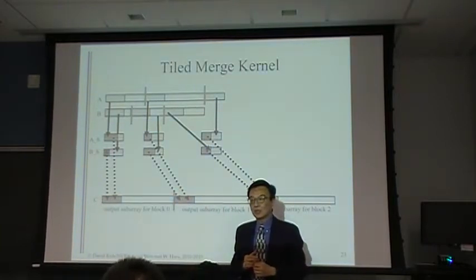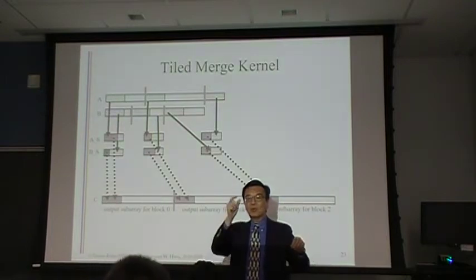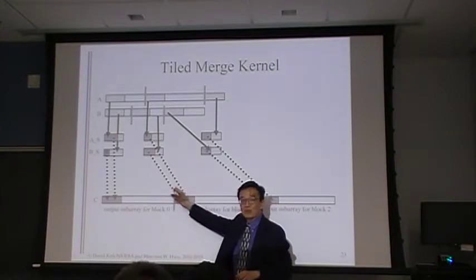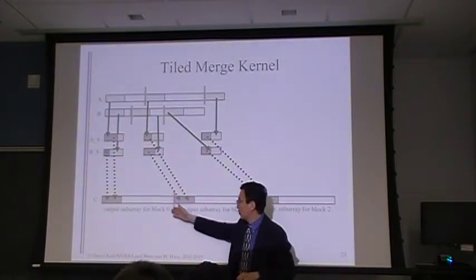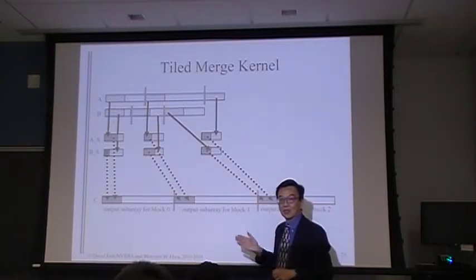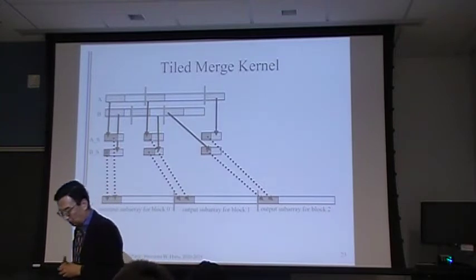So we're still doing exactly the same thing, but we're using one representative thread to figure out the co-rank function for the entire thread block, for the previous section and also for the current section, right? So it's not fundamentally different.